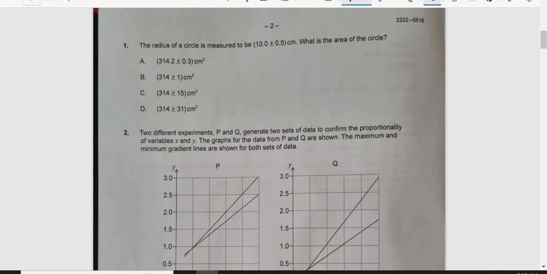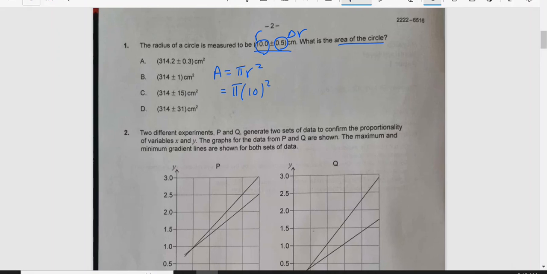The radius of a circle is measured to be, so here we have R. This is the radius. The first one is the original, and the second one will be the uncertainty. What is the area of the circle? Now, we know area is pi times the radius squared. So this will equal pi times R, which is 10, squared.